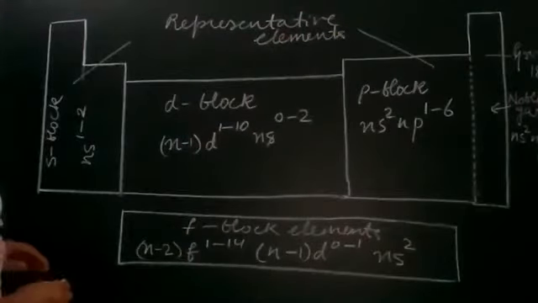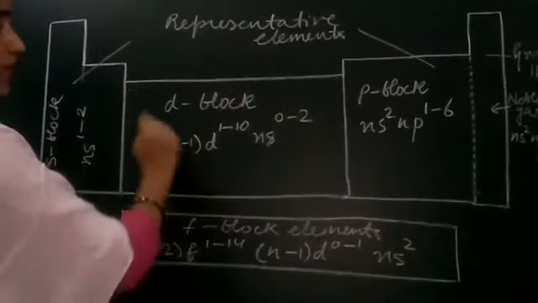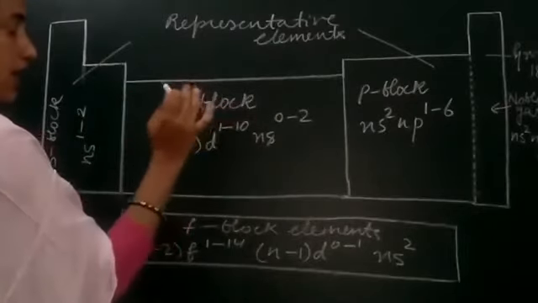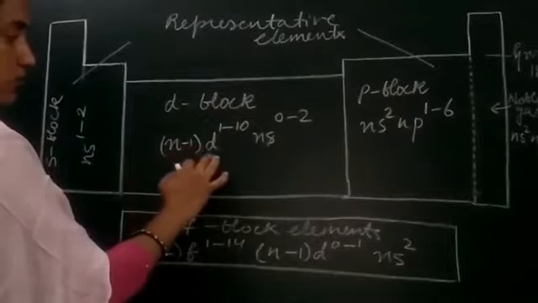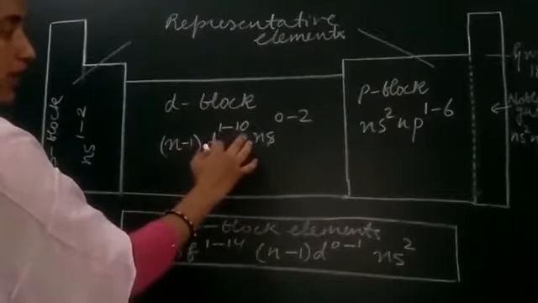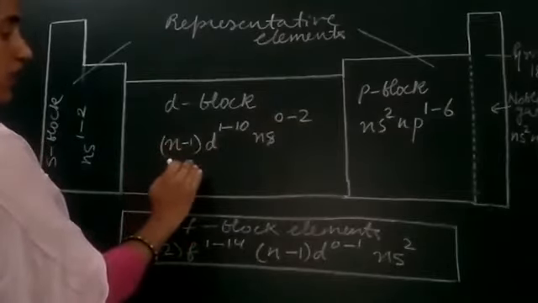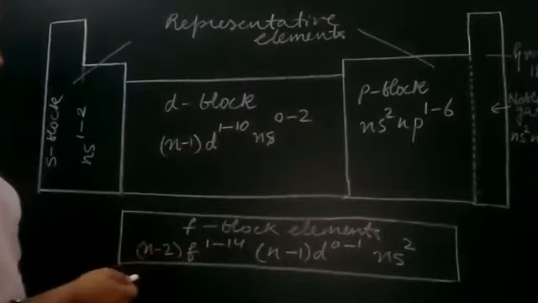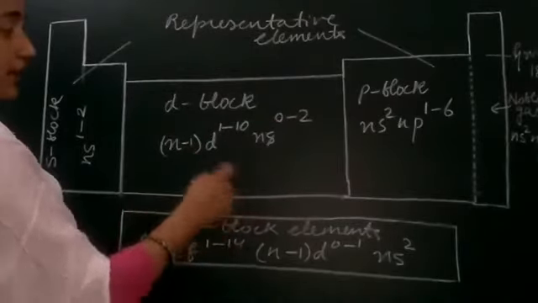Right, students? Now, in between the s block and p block, you can see that the d block is present. So d block elements have the general outermost shell configuration as (n-1)d1 to 10 and ns0 to 2. Here in (n-1)d, the d subshell will be filled up gradually by 1, 2, 3, 4, 5, 6, 7, 8, 9, 10 electrons.